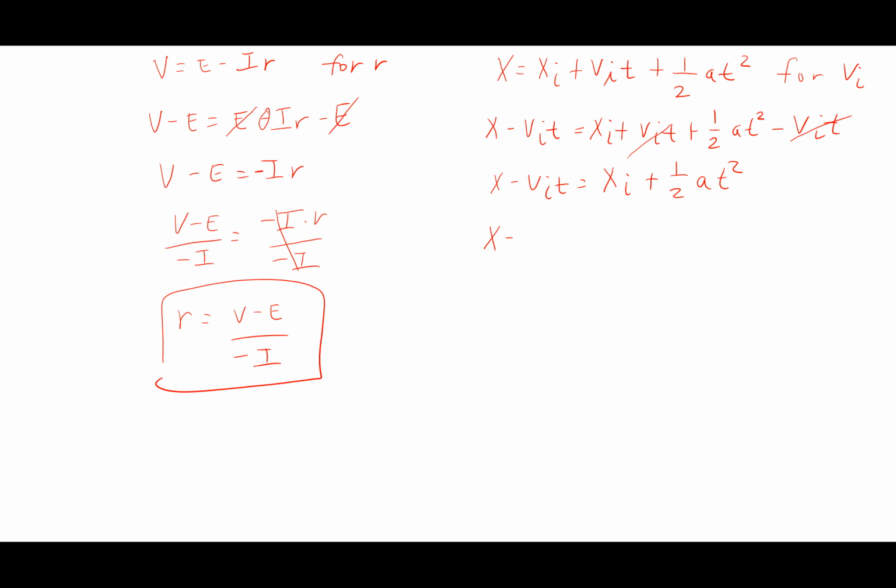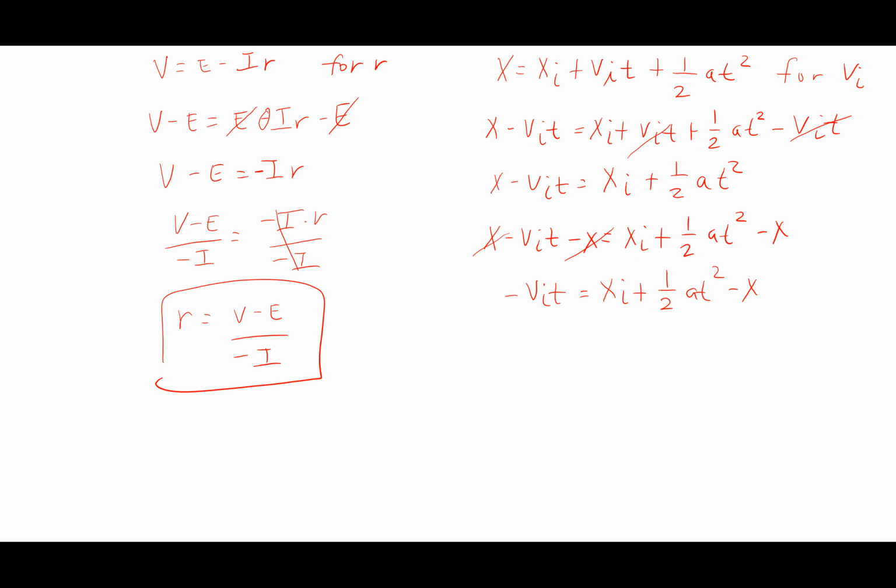So that's going to be x minus VIT minus x equals XI plus 1/2 AT squared minus x. Okay? So that's going to cancel these two. And now you get minus VIT equals XI plus 1/2 AT squared minus x.